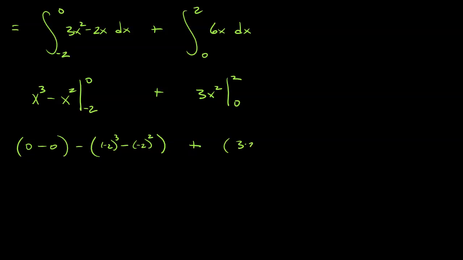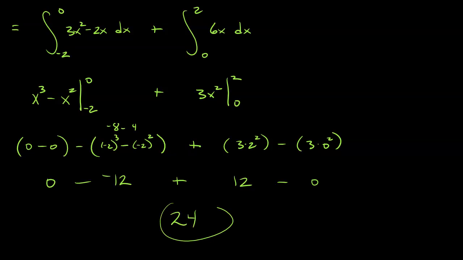So that'd be 3 times 2 squared minus, plug in 0. All right, so 0 minus 0 is 0. Minus. This is negative 8 minus positive 4. So 0 minus negative 12 plus 12 minus 0. So 0 plus 12 plus 12. Your final answer should be 24.